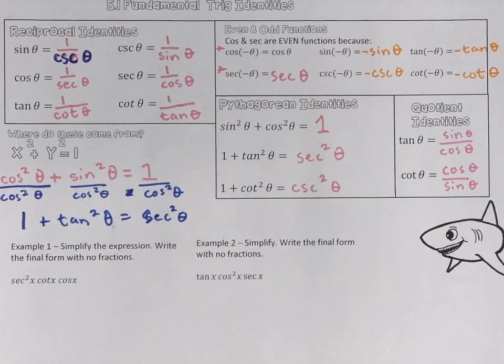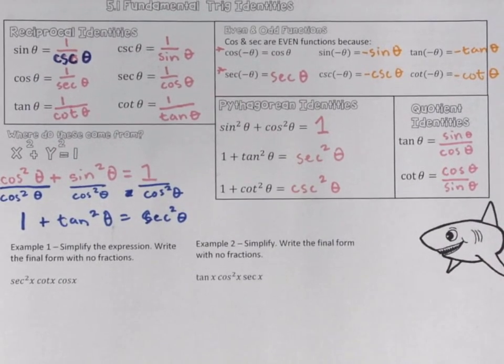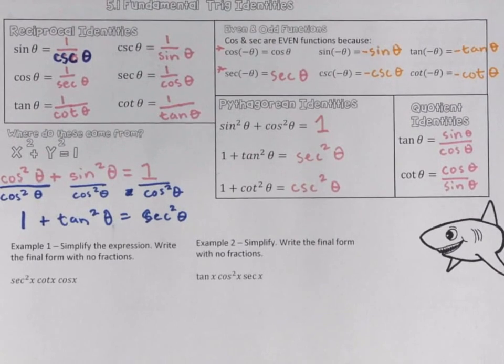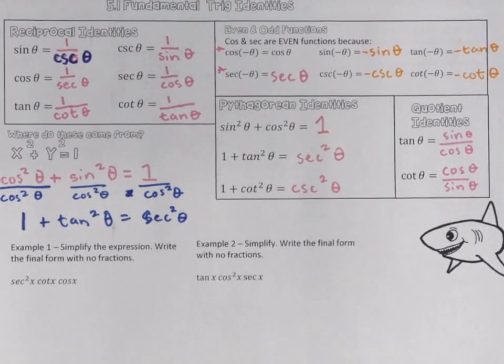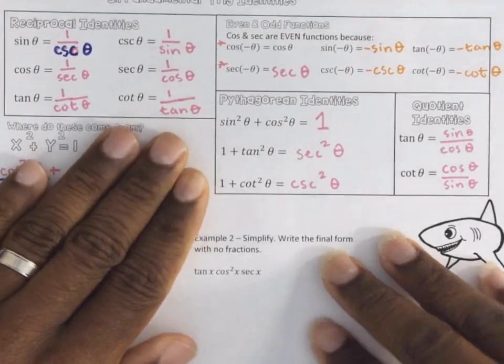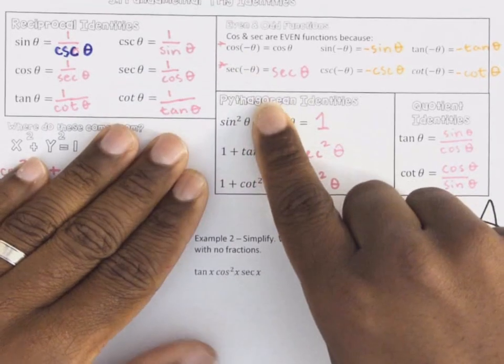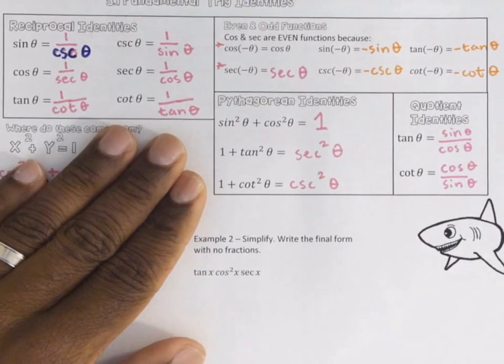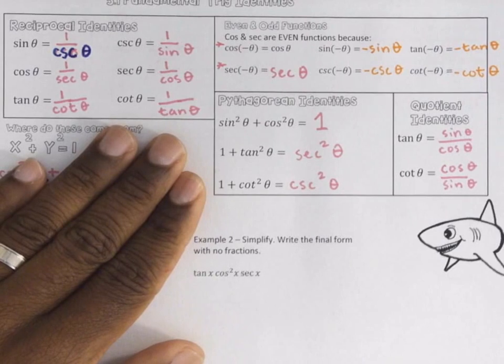Like I say, you should know half of these. In the past, if it was a test, the first part of your test might be fill in the blank. You'd be given a piece of paper and you need to fill all of this out. That could be part 1 of your test.